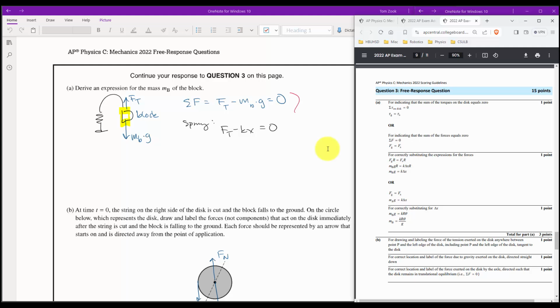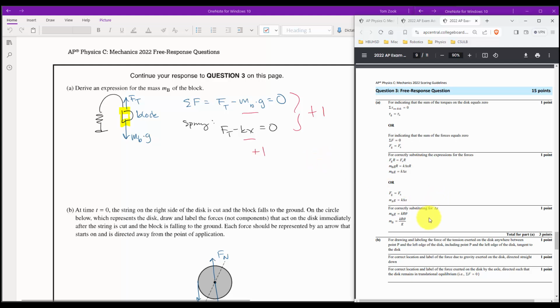So this right here would be worth 1 point. For correctly substituting expressions for the forces, so putting in mg's for that, I guess technically I'd get some of it, but they're doing the torque version. So for correctly substituting for delta x, I guess I'd get another point here because I did these two forces, so that'd be 1 point.